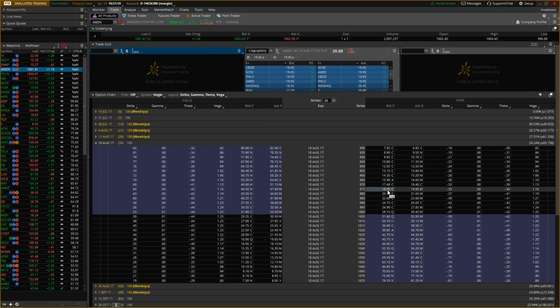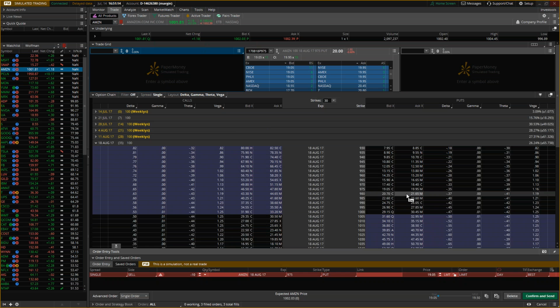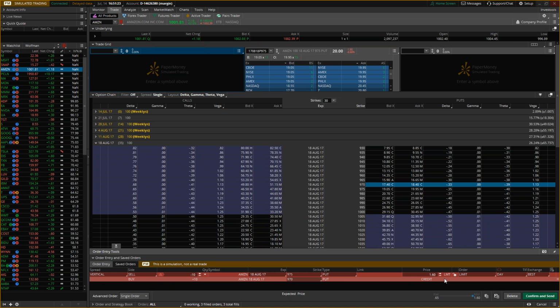So that fits that rule. So we're going to sell that one, and we're going to buy the, what did I sell? The 75. So we'll buy the 70s just for the example, and it's a third the width of the strike. That fits that rule. So we'd be looking to collect about $1.25 to $1.50 something. $1.55. This is $1.60, so that exceeds that.